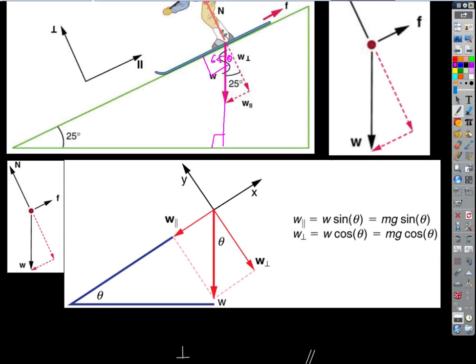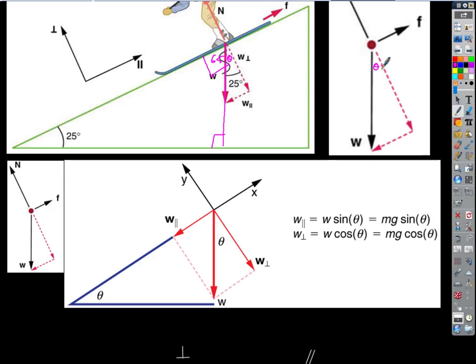Okay, so then if we do this, this is the angle theta, which I'm going to call theta so I don't have to write 25 the whole time, but theta is 25. Then in terms of SOHCAHTOA, what's the parallel component of the weight going to be? Yeah, it's going to be the weight times the sine, because it's an opposite side of the triangle, right?